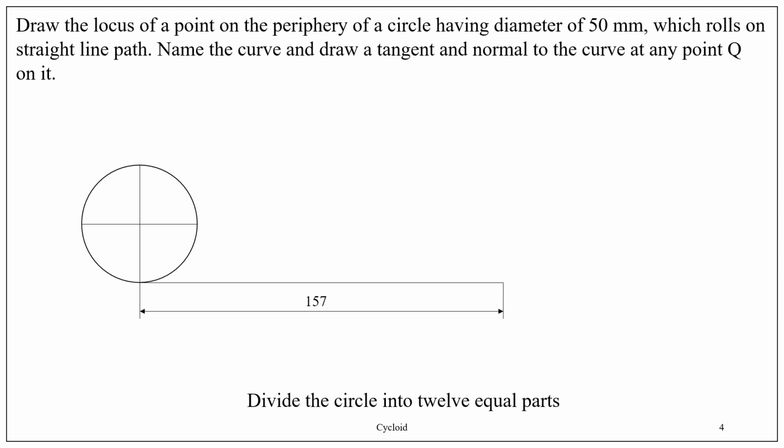Therefore, we use mini drafter and 30-60 set square to divide the circle into 12 equal parts.